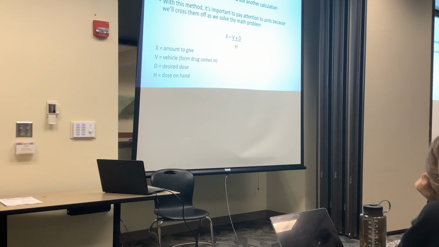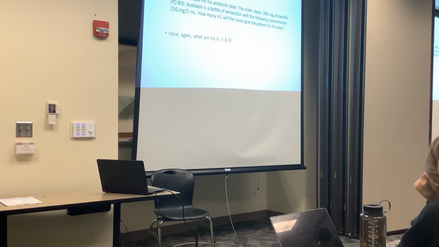This is the one that you can add stuff in, because you can mark out mLs, or you can mark out milligrams. And so you're left with the mLs, which is what you want. And you can kind of do that in some of the other ones. Here's where this one is helpful.